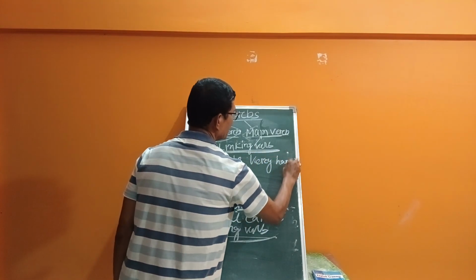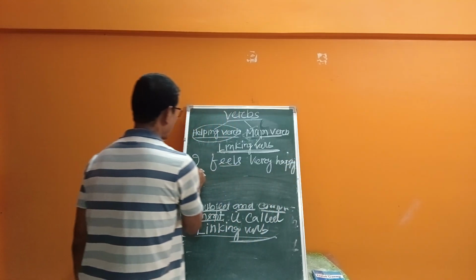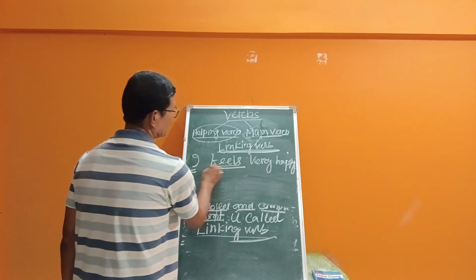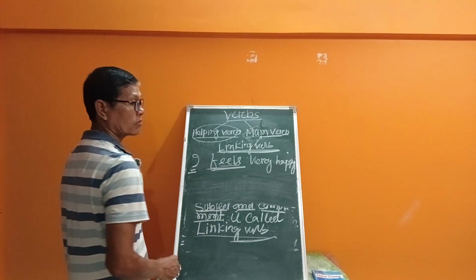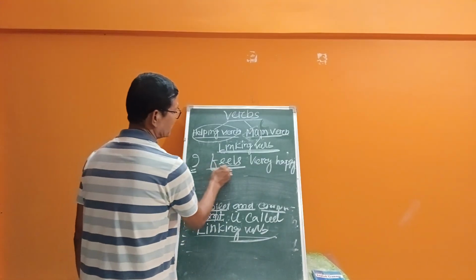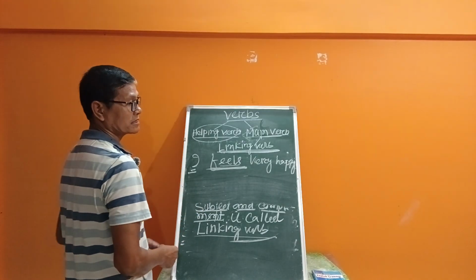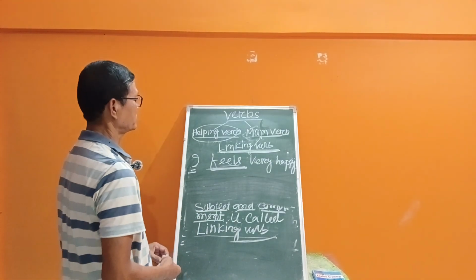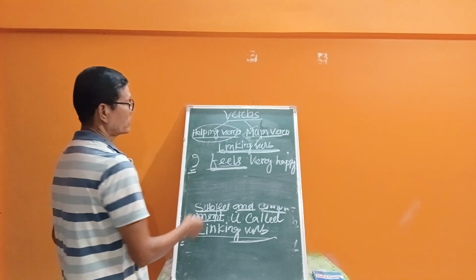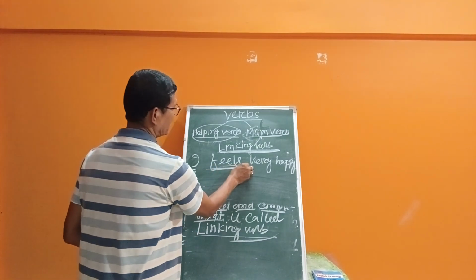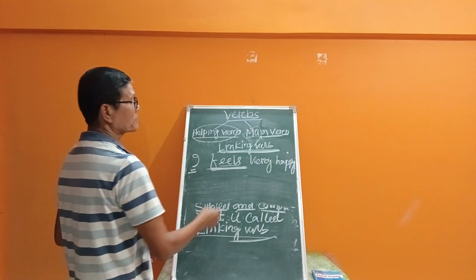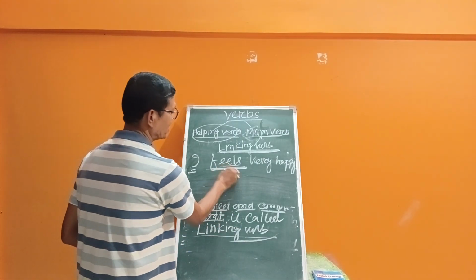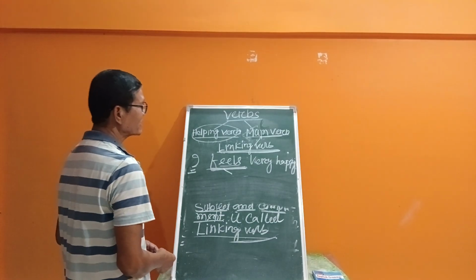Here, feel does not express action. It is only a feeling, not a physical activity. He only decides by feeling, he feels very happy. This verb does not express any action, only feelings. That's why it is a linking verb.